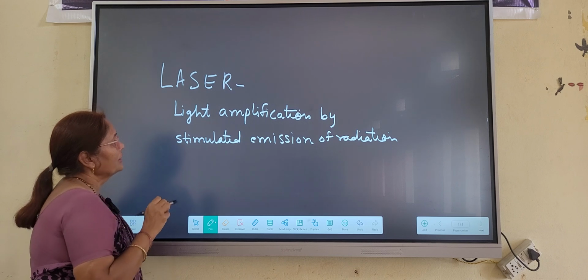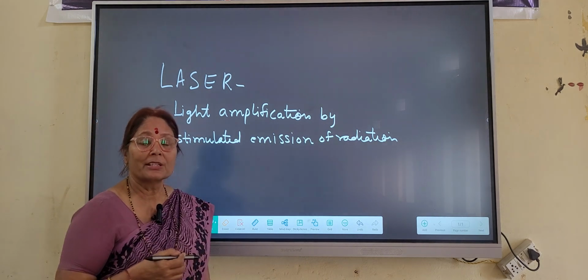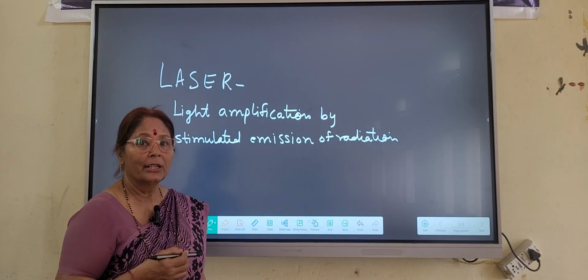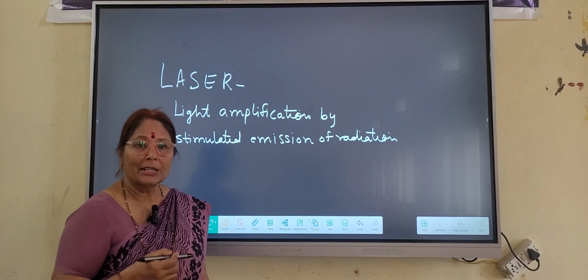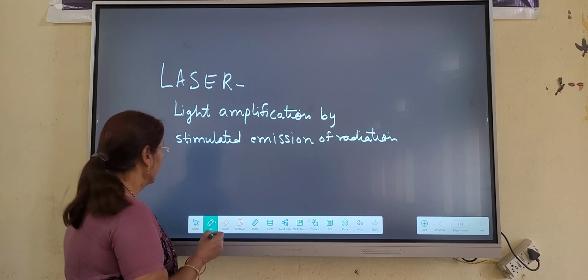Now, what does this mean? In order to understand the meaning of light amplification by stimulated emission of radiation, we will go through some diagrams and see what it means.